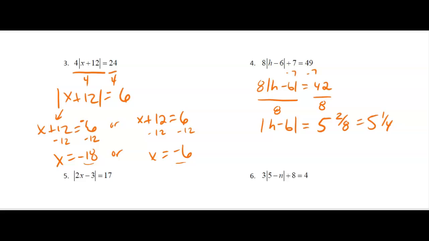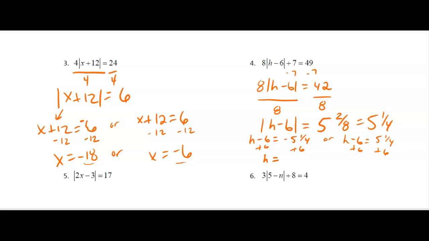So now we have to split it again. So you have h minus 6 equals a -5 1/4, or if you wanted to write 5.25, you could. Or h minus 6 equals 5 1/4. So I'll add 6.